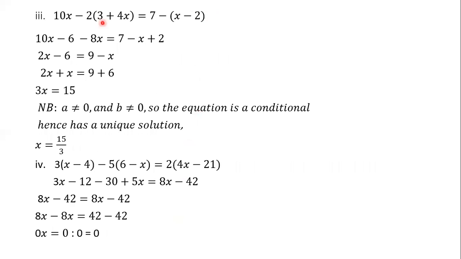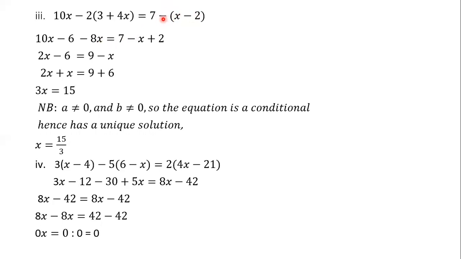Good. Now taking the third equation, we open the brackets. So we have 10x minus 2 times 3 is minus 6, minus 2 times 4x is minus 8x equal to 7 minus 1 into bracket x minus 2.